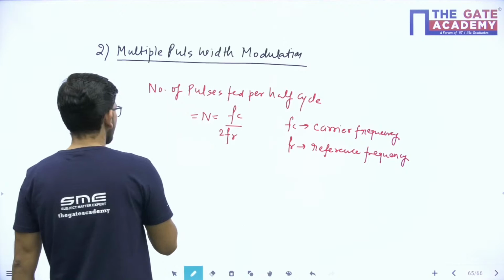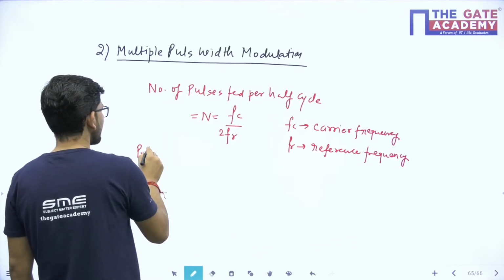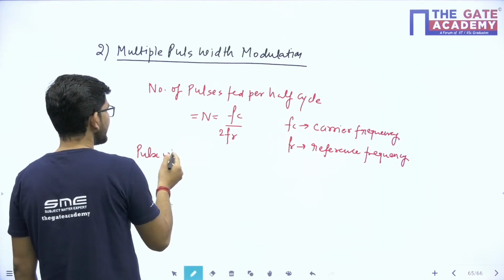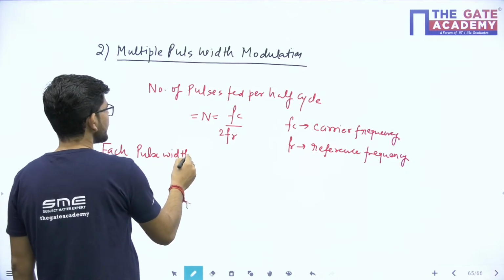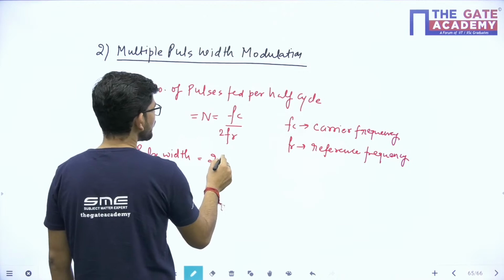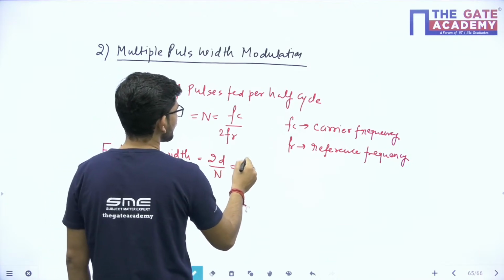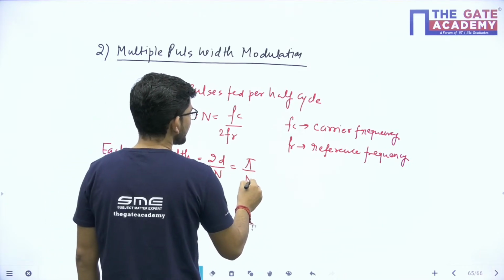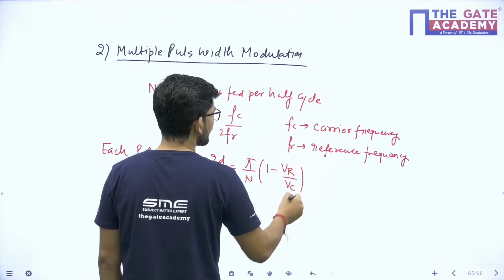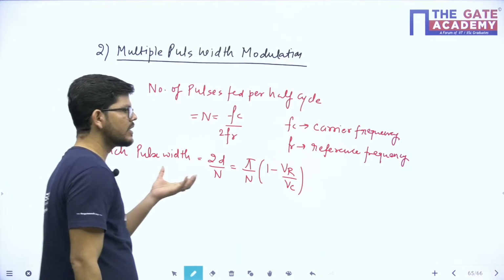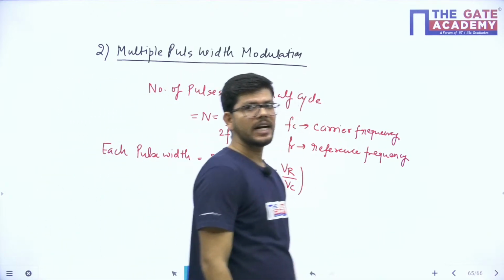Okay. Then pulse width of each pulse, we may call it each pulse width, is equal to 2D upon N, which is equal to pi upon N times 1 minus peak of VR upon peak of VC. So these are the two important formulas that we have.